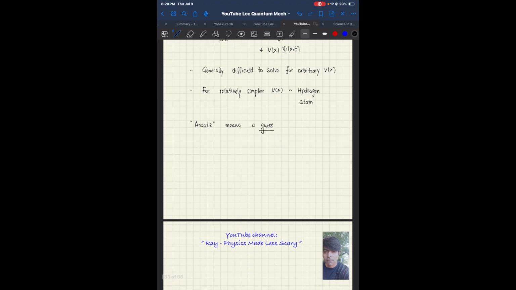So what is the guess that we can have? What is a well motivated guess? Well, the well motivated guess is called the separation of variables, and we will try and imagine that this is our ansatz, or in other words, the wave function factorizes in this particular form.